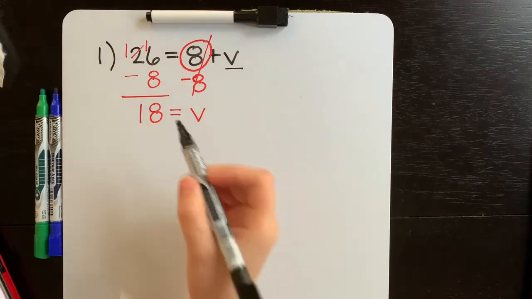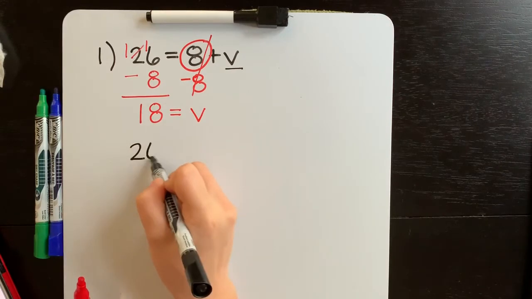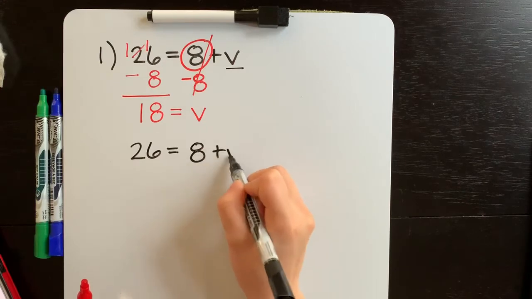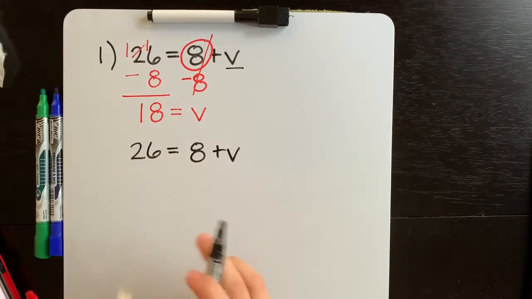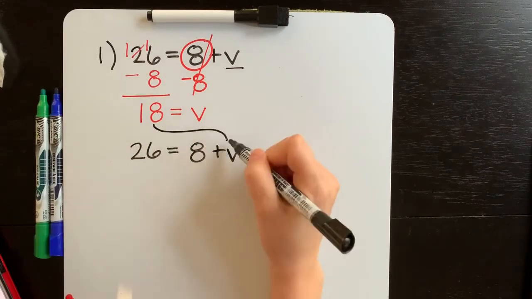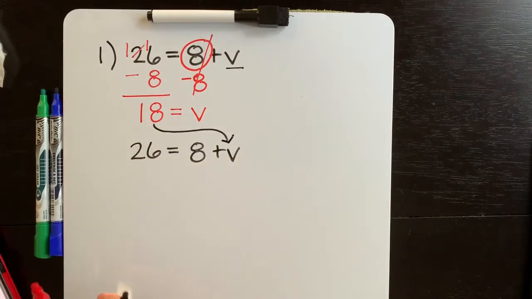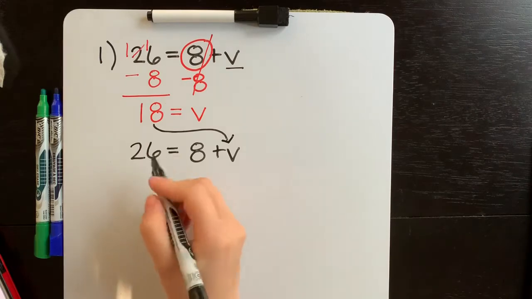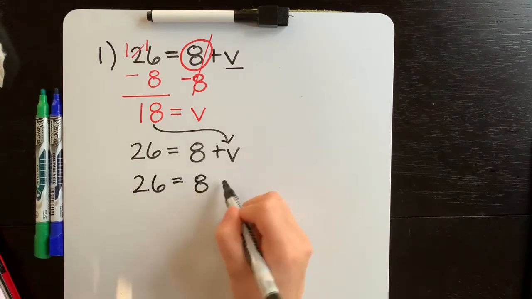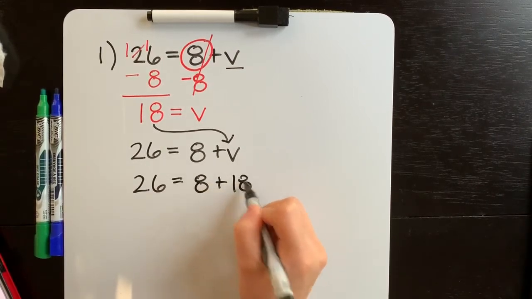So if I rewrite the original equation, 26 equals 8 plus v, since v equals 18, I'm going to substitute this value into that. So I will get 26 equals 8 plus 18.